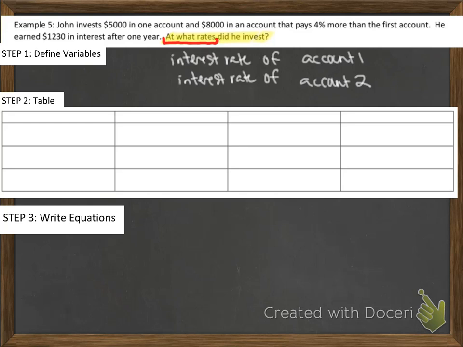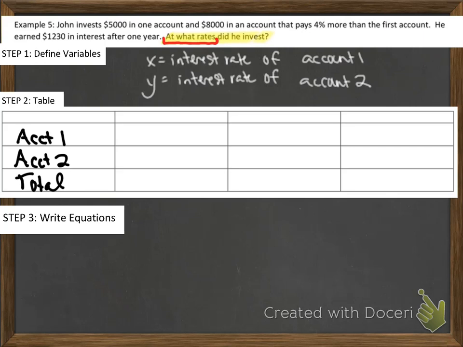So what I need to write is I need to say that one variable is the interest rate of account 1. The other variable is going to be the interest rate of account 2. So again, we have account 1, we have account 2, and of course we'll have our total. Okay, so we can do these columns pretty much in any order.